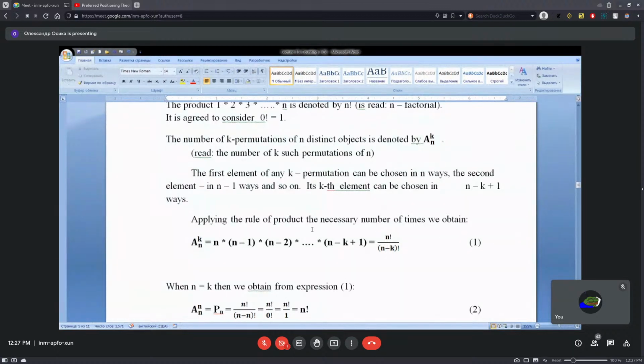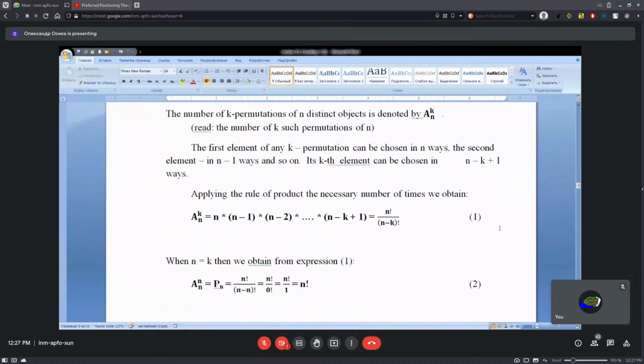Applying the rule of product the necessary number of times, we obtain that the number of k permutations of n is equal to n, the number of choices for the first element, by n-1, the number of choices for the second, and so on, by n-k+1, the number of choices for element number k. So we have such a product.